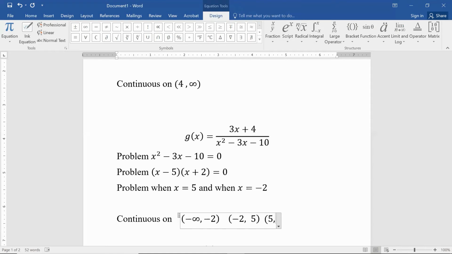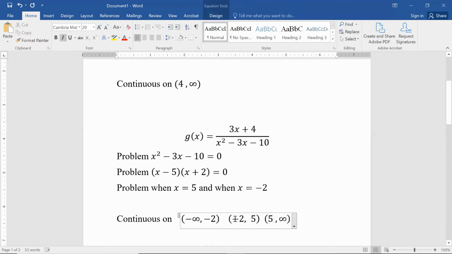It's not continuous at 5, but we pick back up afterwards, and it's continuous from 5 to positive infinity. So we're not continuous at negative 2 or 5, but everywhere else we are continuous.